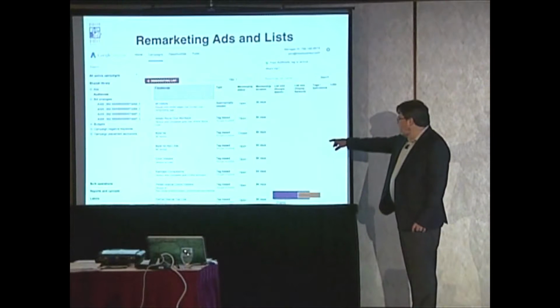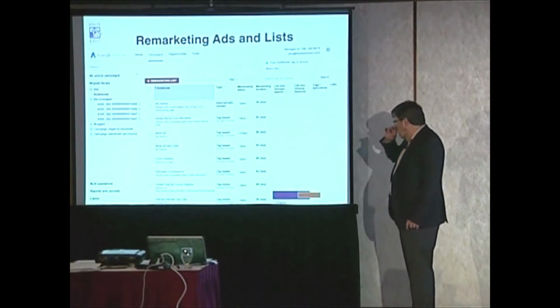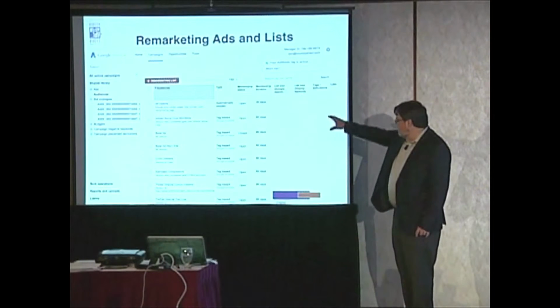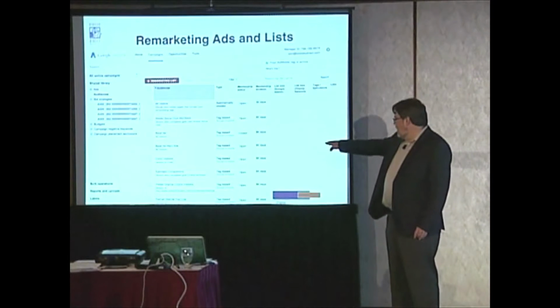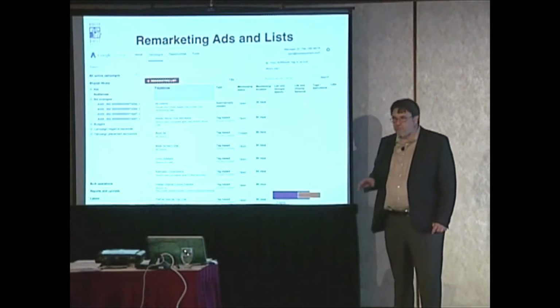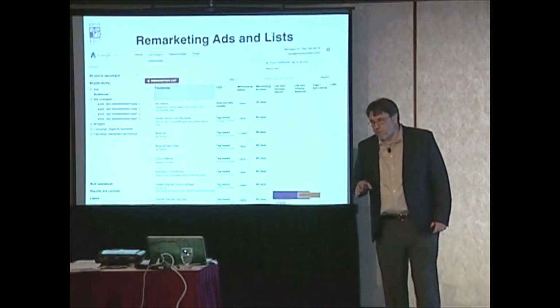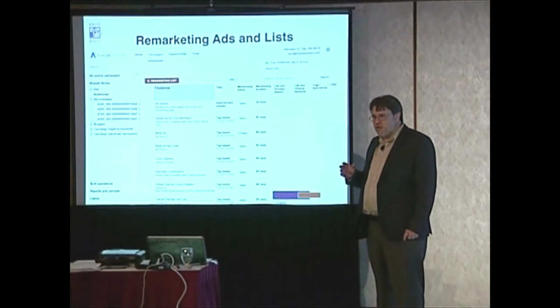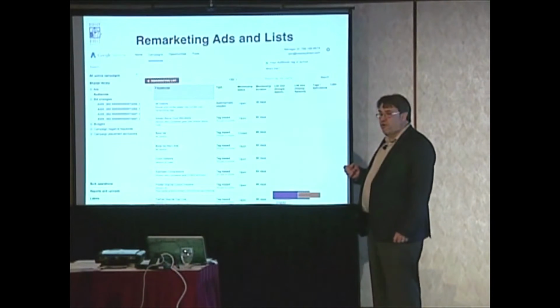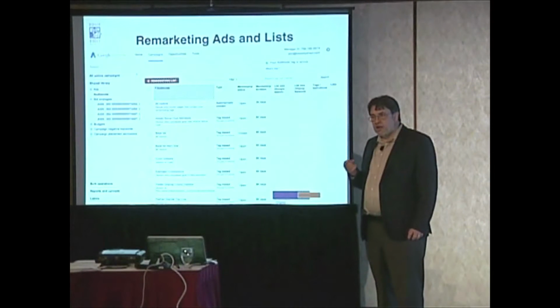You can set it up on all kinds of different things. For this campaign, it's my granite countertop retailer. We had a list based on people who had completed the online estimator form and didn't actually call up and follow up. So for, I believe, two months we would follow them around with ads saying very specific messages.